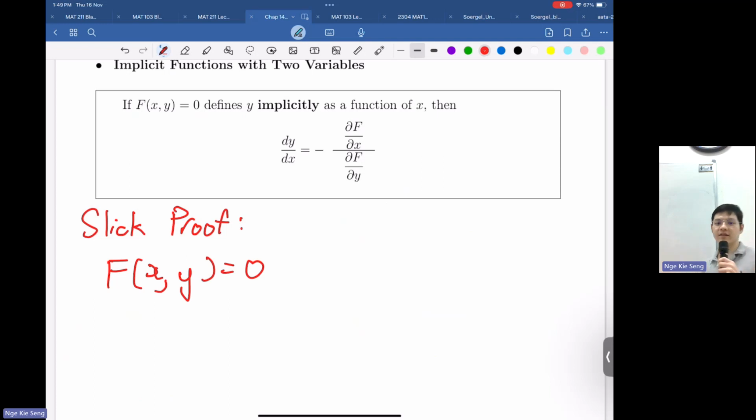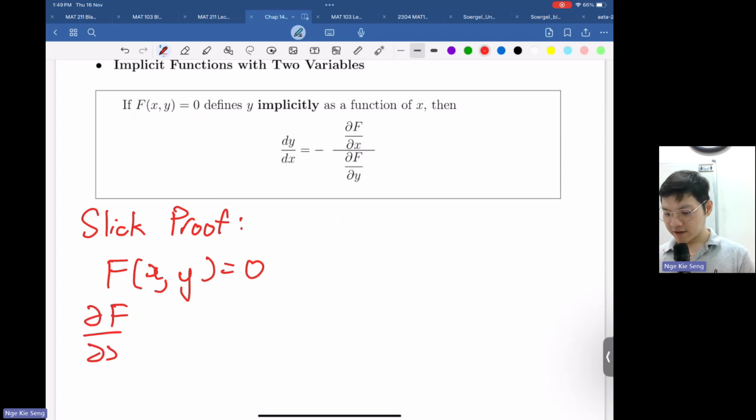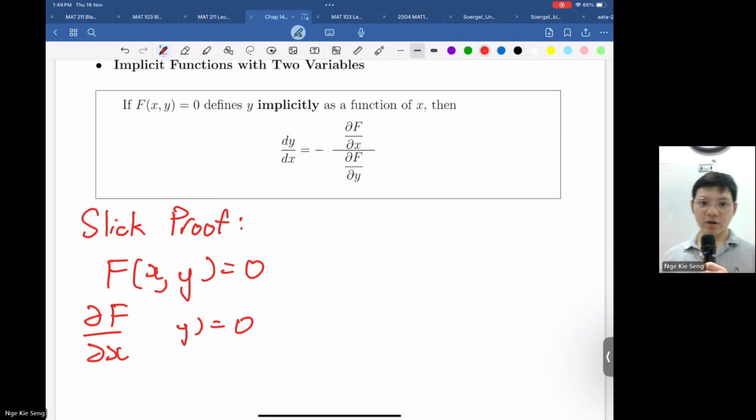So suppose we have this function here, and then we can do partial derivative on the right. Last time we differentiated implicitly, right? So how do we do this? Similarly, we use the same trick just now.